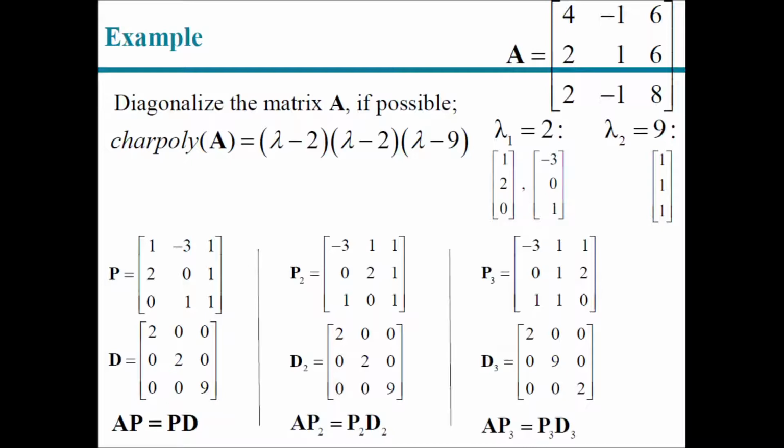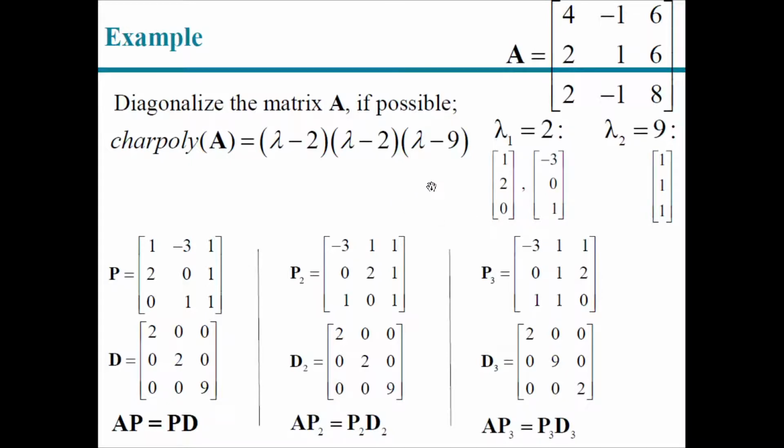So eigenvalue 2 is of algebraic multiplicity 2, and it turns out to be of geometric multiplicity 2. Eigenvalue 9 is of algebraic multiplicity 1, and obviously of geometric multiplicity 1. Therefore, this matrix A is diagonalizable.